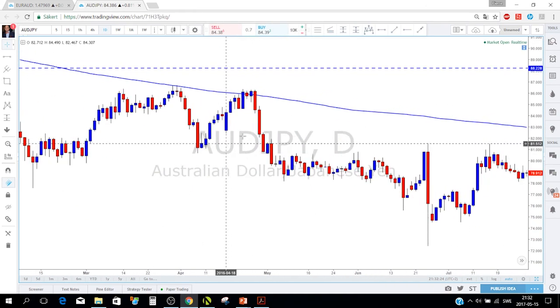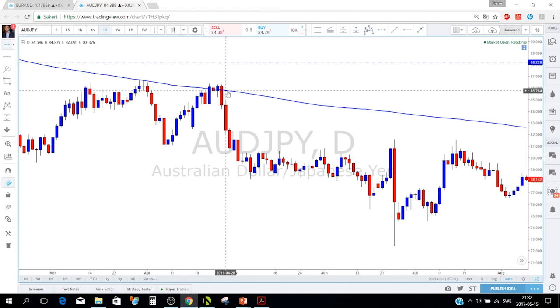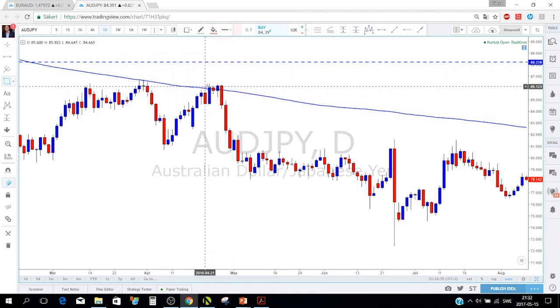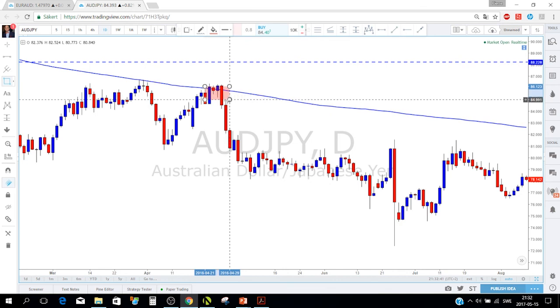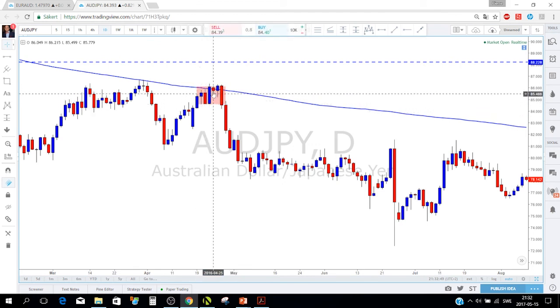And here also we have another engulfing candle that came also at the retest of the daily 200 moving average, and this one did actually, let's see, engulf 1, 2, 3, 4, 5.